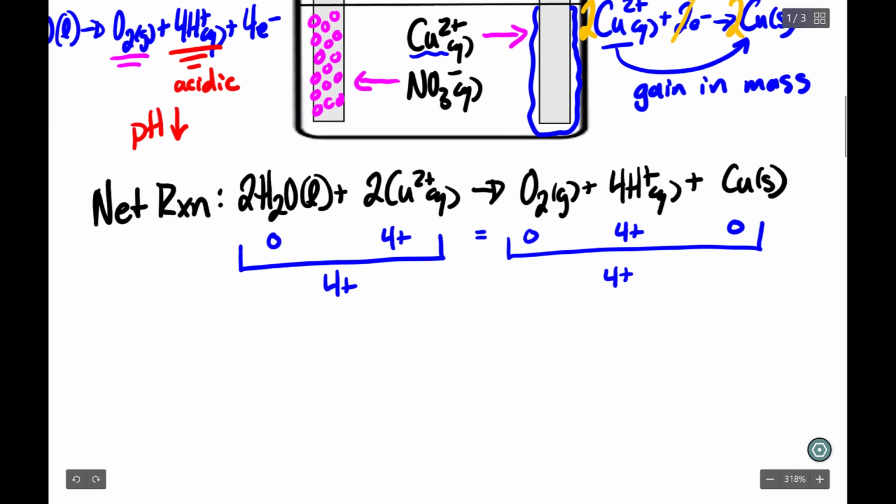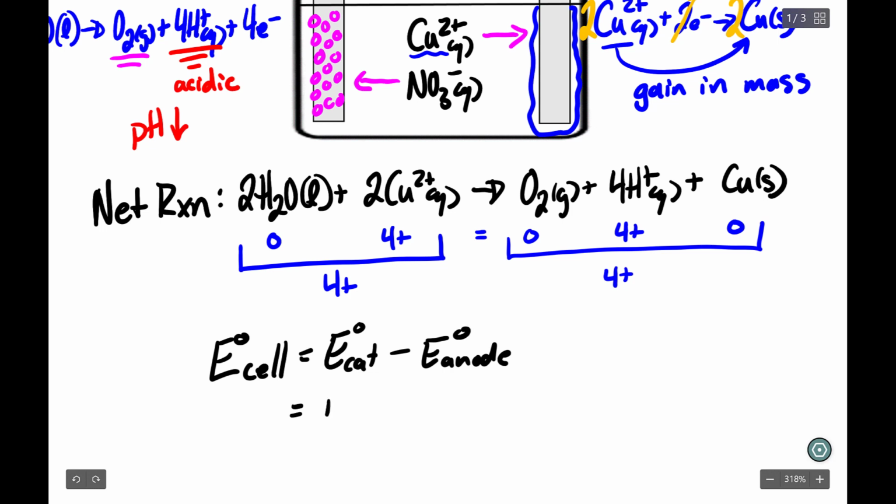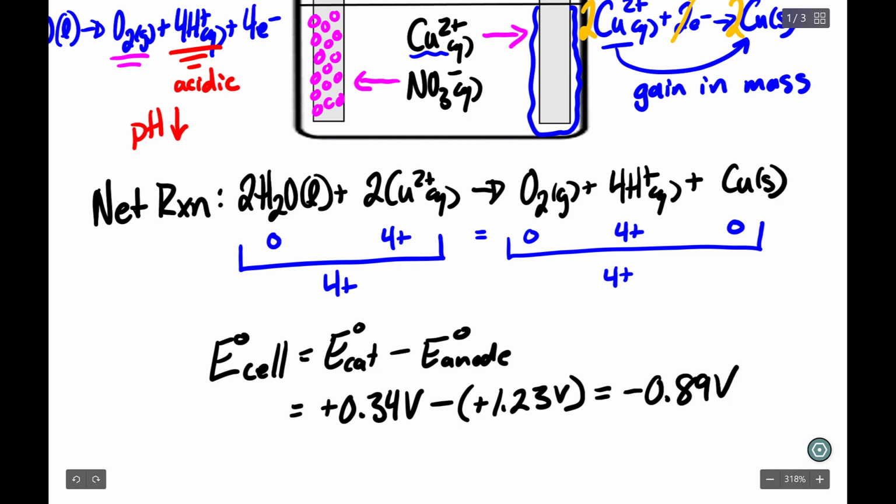The next thing I need to do is the electric potential of the cell. So it's going to be the electric potential at the cathode minus the electric potential at the anode. And so I've got a positive 0.34 volts minus a positive 1.23 volts, which gives a grand total of a negative 0.89 volts.